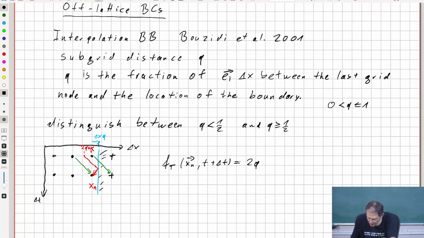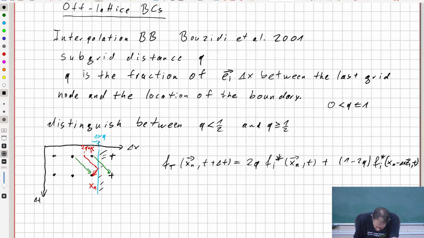is then the linear interpolation between the two. So it's 2q f_i after collision at the node x_n and time t, plus (1 minus 2q) times f_i star at x_n minus delta x e_i and t.